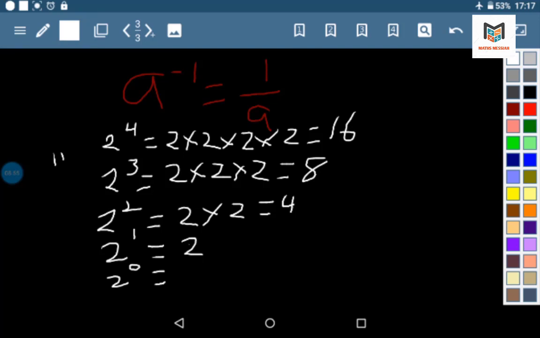Let us pause here and come to our pattern. So you can see that from 16 we came to 8. Then from 8 we came to 4. From 4 we came to 2. This suggests that half of 16 will give us 8.